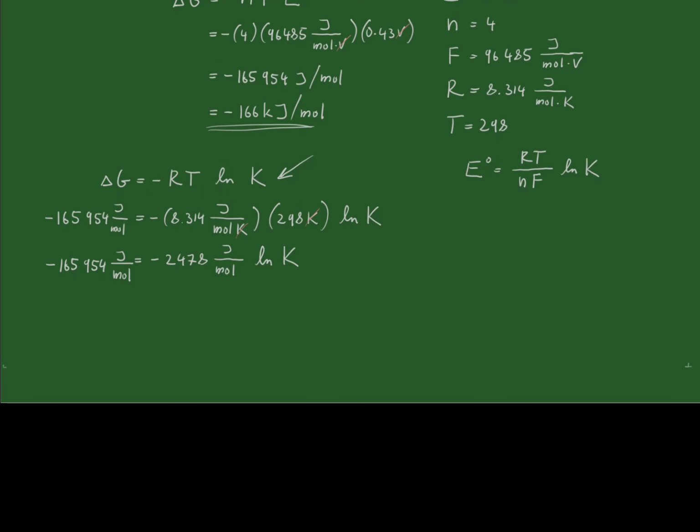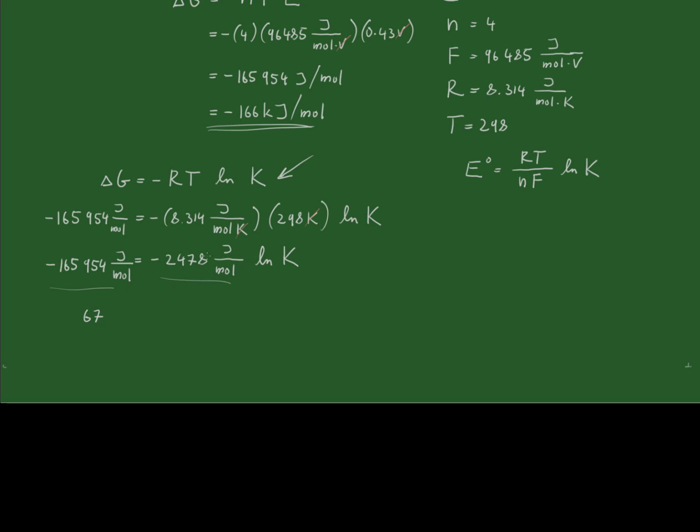Okay, so now I need to get ln K alone on one side, which means I need to divide this value by this value. 165,954 divided by 2,478. And with rounding, I get 67.